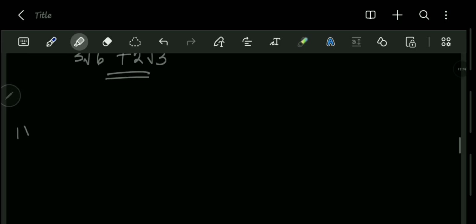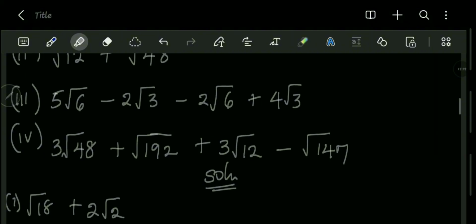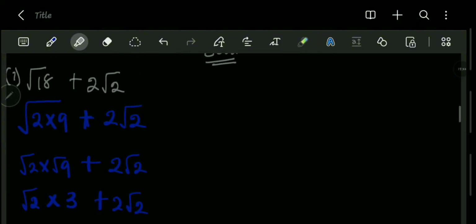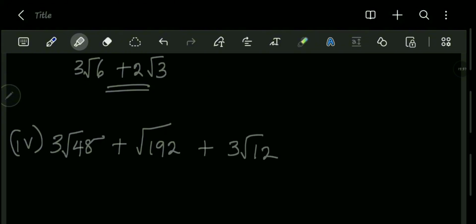And for the last question, I'm having 3 surd 48 plus surd 192 plus 3 surd 12 minus surd 147.